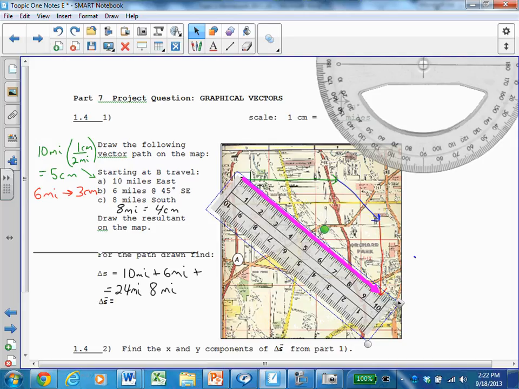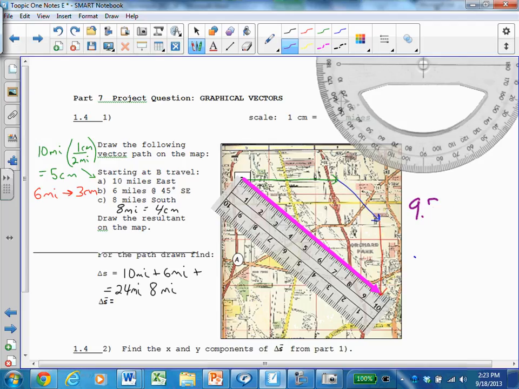What did you get for yours? About 9.5? Okay, good. So 9.5 centimeters, that's going to be centimeters to miles, and 1 centimeter is 2 miles, so that's 19 miles.